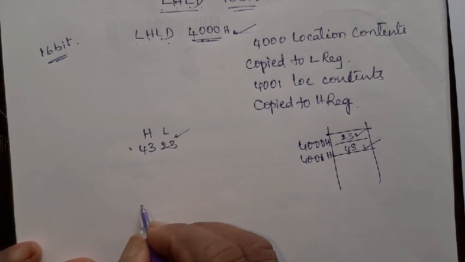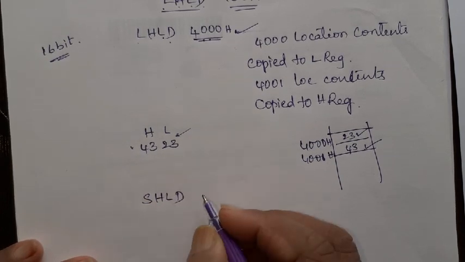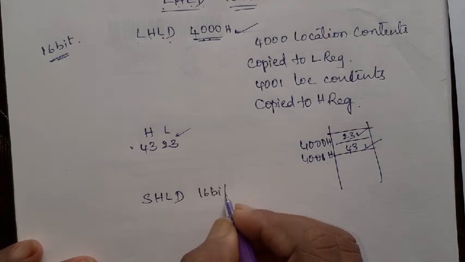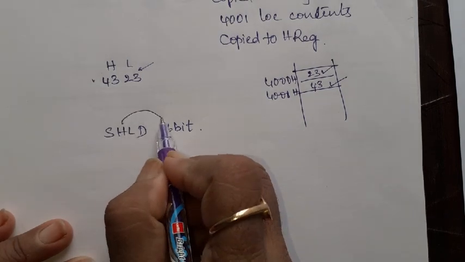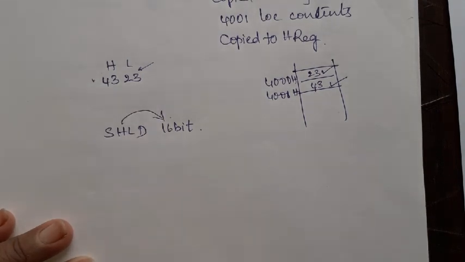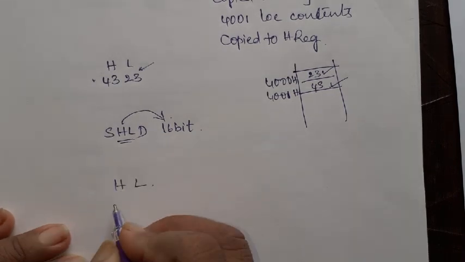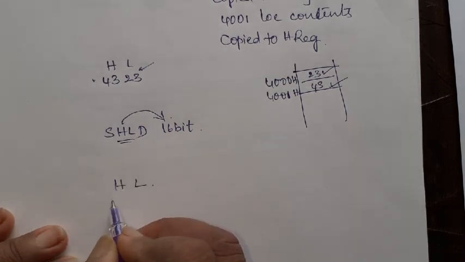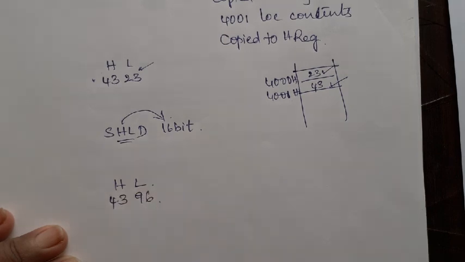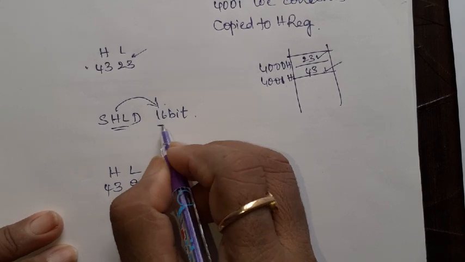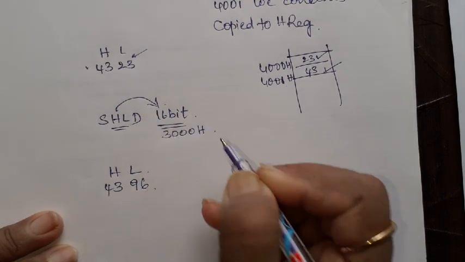In the same way you have SHLD 16-bit. This is the reverse of this loading. This is from HL register to 16-bit address. Let us suppose the H and L registers are holding data 43 and 96, and the address specified is 3000H.